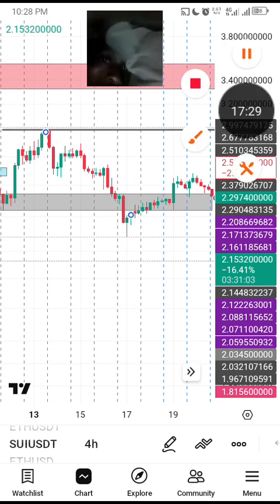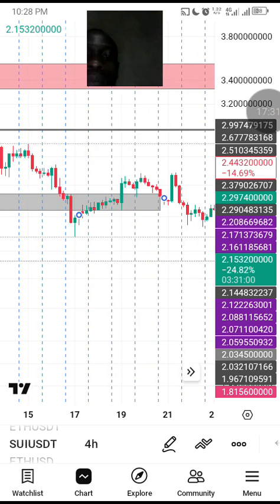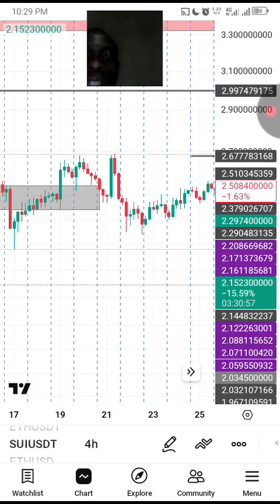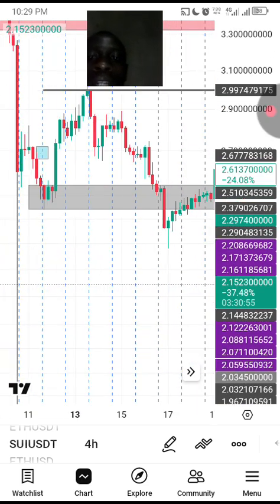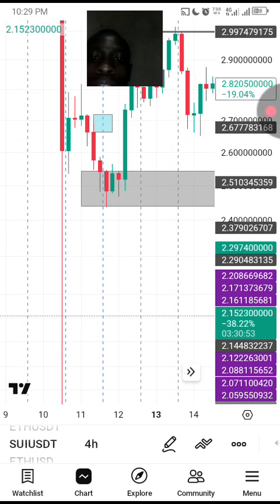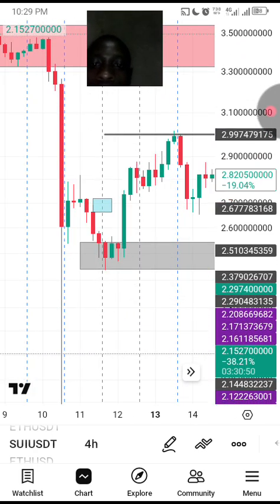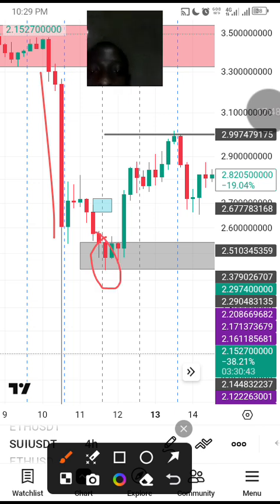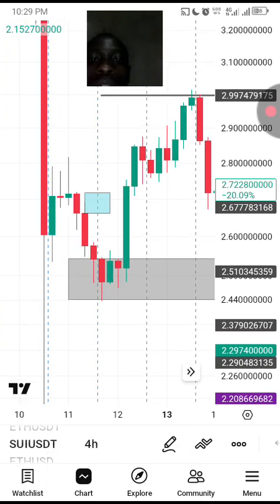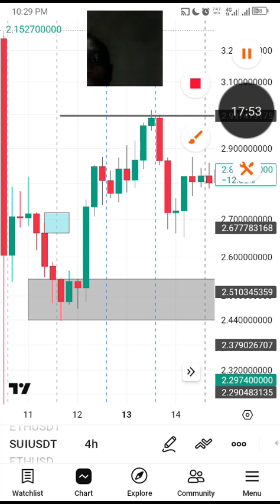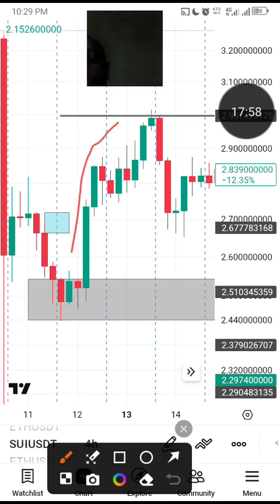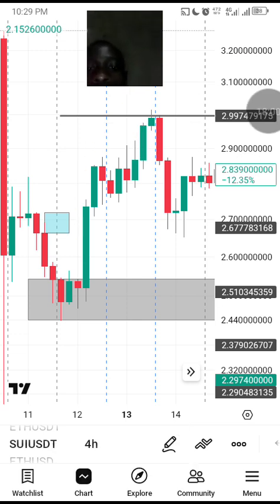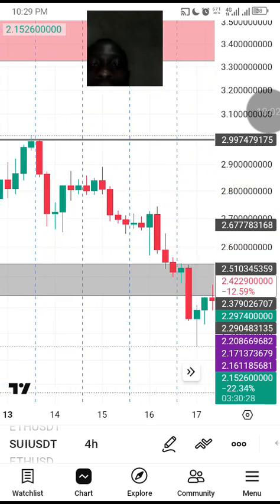Do you see? You were waiting to enter, and as you can see, people who entered earlier were stopped out. But from here, you see that the market was moving all the way down, and here it formed. Do you see? After forming that candle, you would enter and pick up this profit from here up to here. So it happens every time.